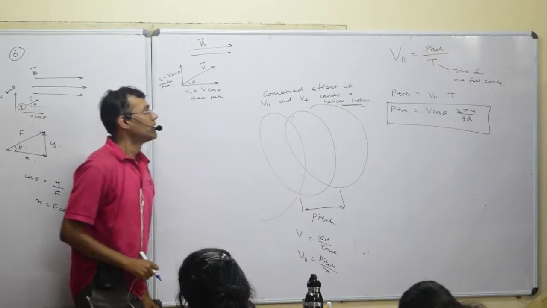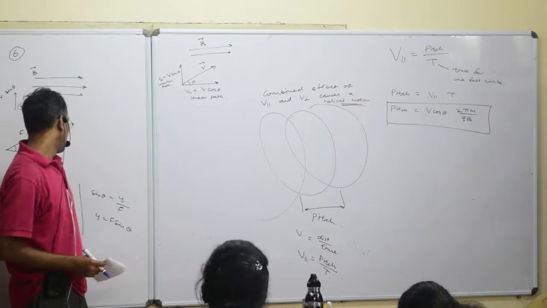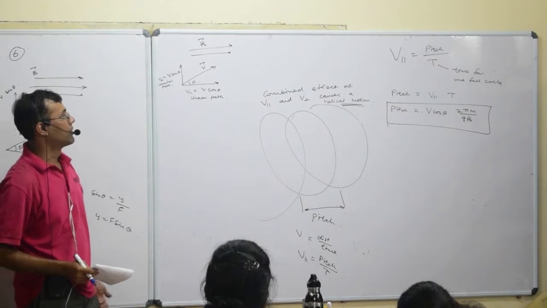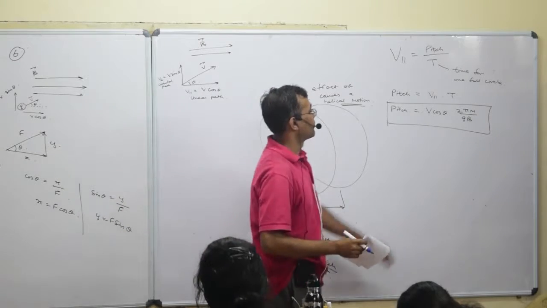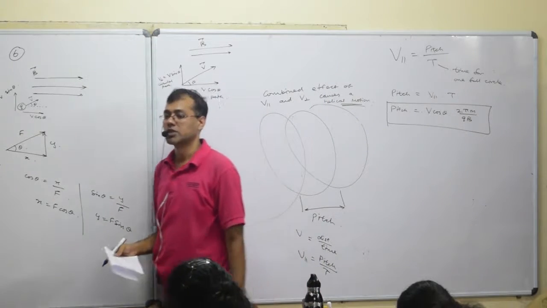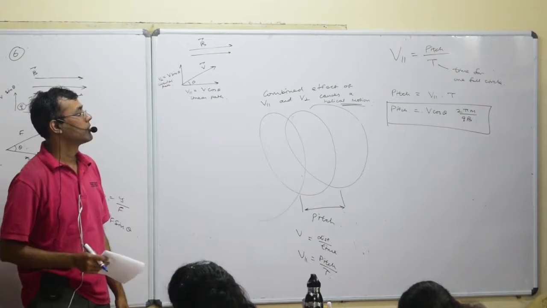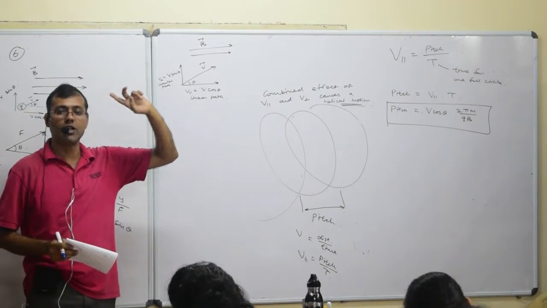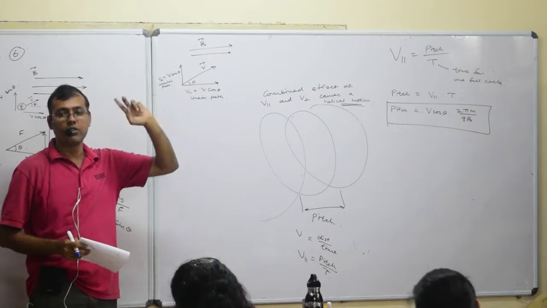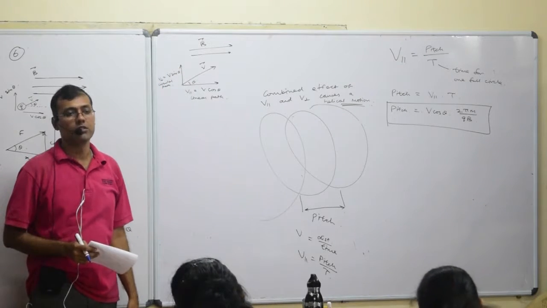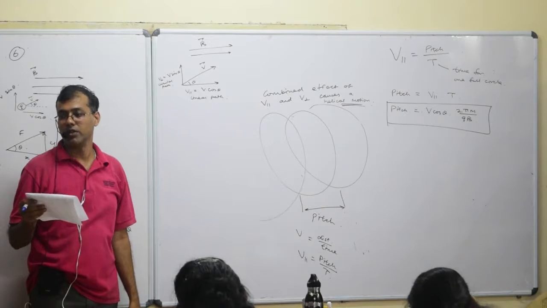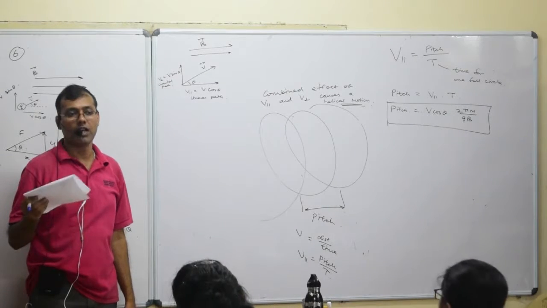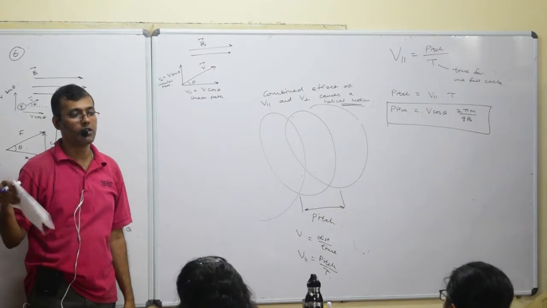Some formulas, I don't recommend you to mug up, but you can still try to remember some of the things. If you don't remember, then you have to start from the basics and derive it. Suppose I don't remember T, then I should start from mv squared by r is equal to qvB, cancel the v and find out the v, then find out the r, then say time is equal to 2 pi r divided by v.